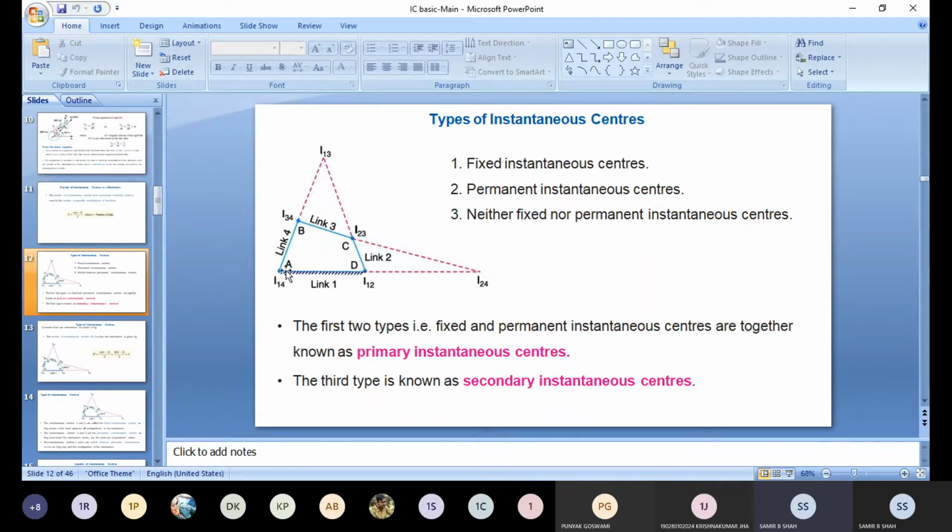It shows that it may cover link 2 and link 4. If I am talking about the right side center, I can understand from the figure that link 2 and link 4 are wholly covered by this right side portion. Where they intersect, it is considered as the center of link 2 and link 4.